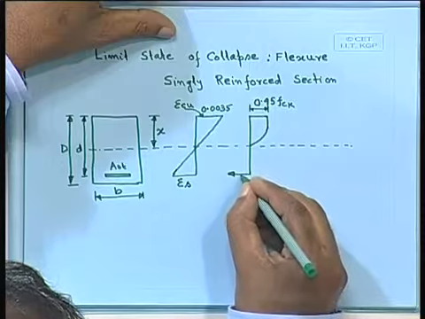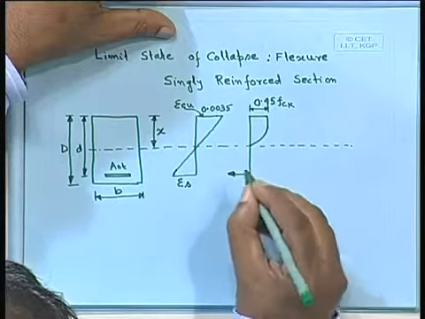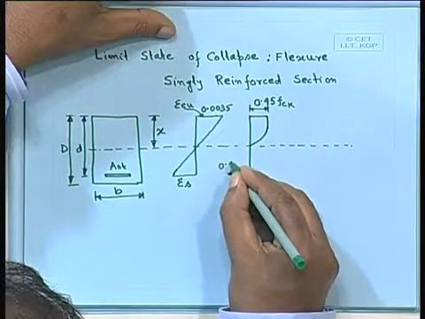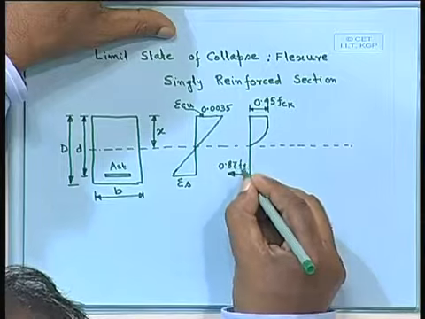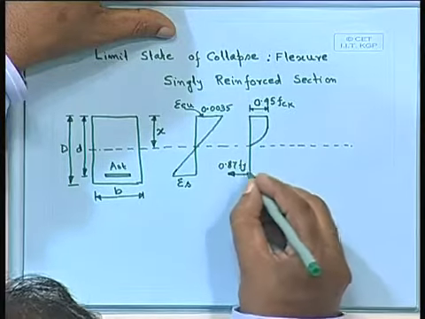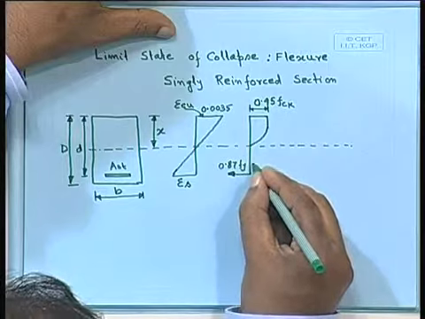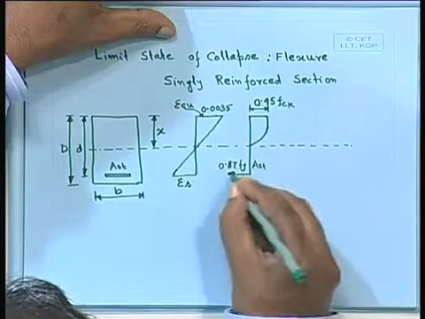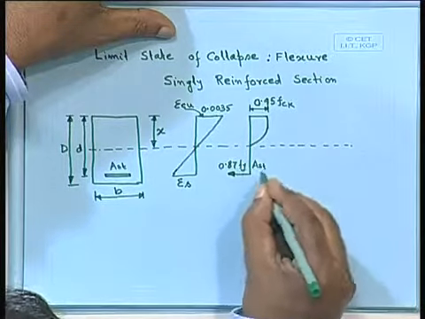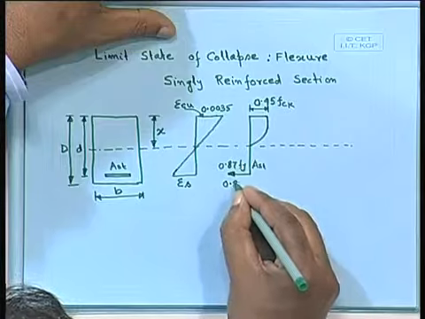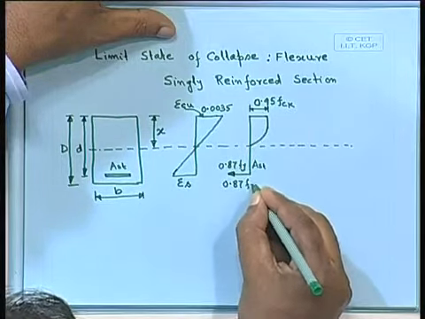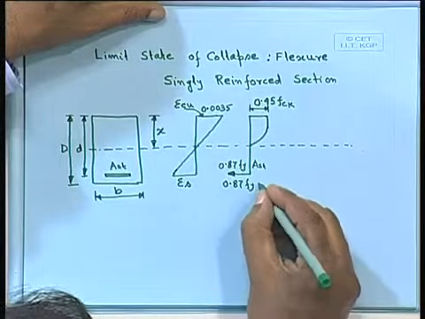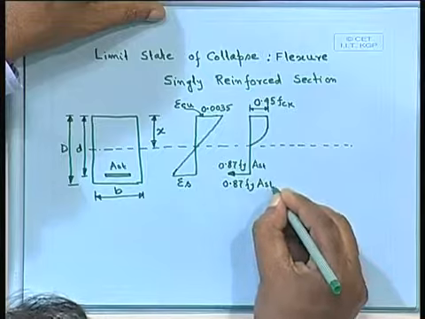What about this steel? This one will be 0.87 fy multiplied by area of steel, Ast. 0.87 fy Ast. Let me repeat once more: 0.87 fy, that is the stress permitted in steel, multiplied by the area of steel.